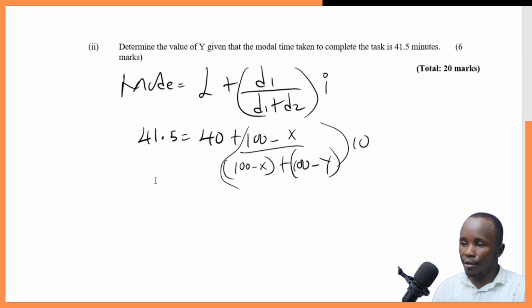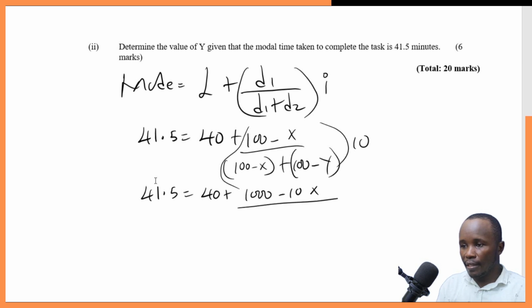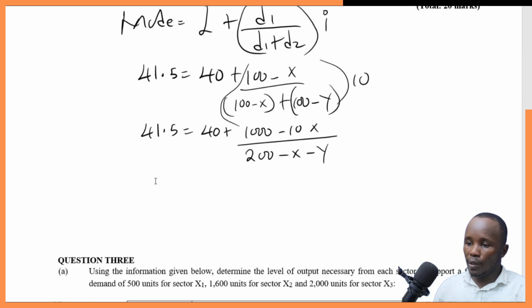Let's work out this now. This is mathematics now. It's not accounting here. 41.5 is equal to 40 plus, open the bracket, 1000 minus 10x divided by this, and this one will give me 200 minus x minus y. Subtract 40 from both sides. What do you end up with? 1.5.